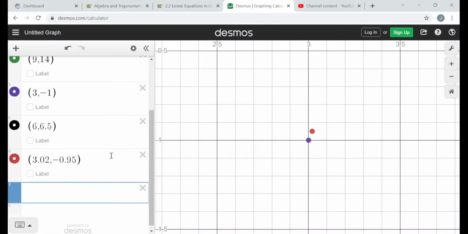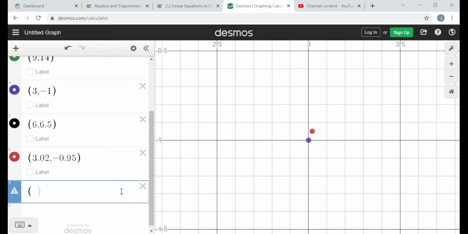Let me just do that one more time. Let's go from this point. Again, I'll go up 0.05. Oh, I put 3.02. That's why I looked a little off. Oh, that's right. I went up 0.05 and then right 0.02. So if I do that again, go right 0.02, that'd be 3.04 for the x coordinate.